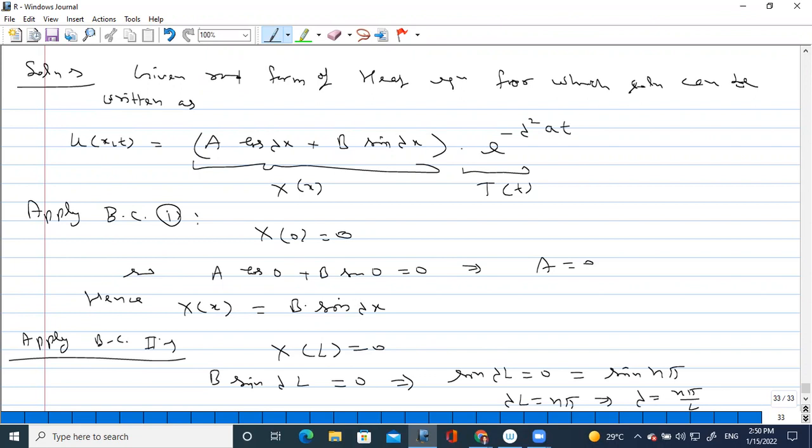So these coefficients also will be different. This coefficient was only for one sine value, but once I am putting n value, it has become a series. For that series, b also will make a series, so we can use bn in place of b. So X(x) will become bn sin n pi x by L. So this is the value of X(x). Note down this.